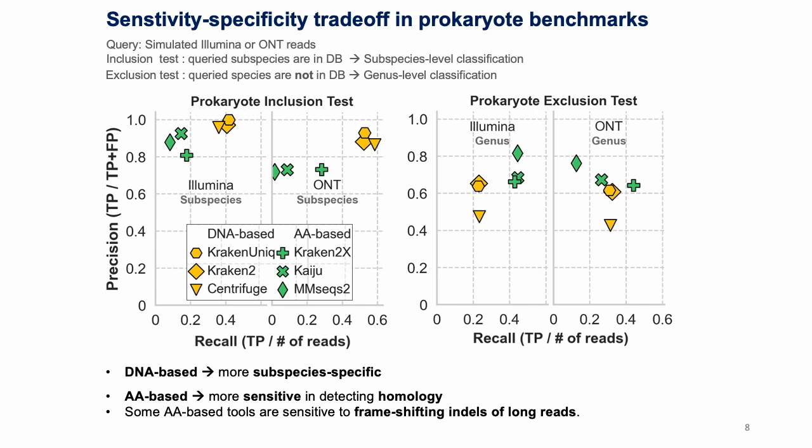In this case, amino acid-based tools performed better than DNA-based tools because they can detect more homologs by leveraging the higher conservation of amino acid sequences. But with the long reads, MMseqs2 and Kaiju showed impaired performance because they were sensitive to frame shifting indels of long reads.